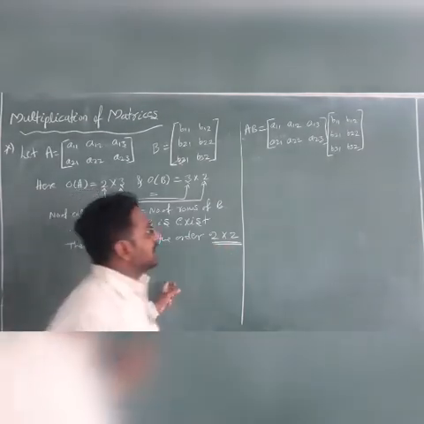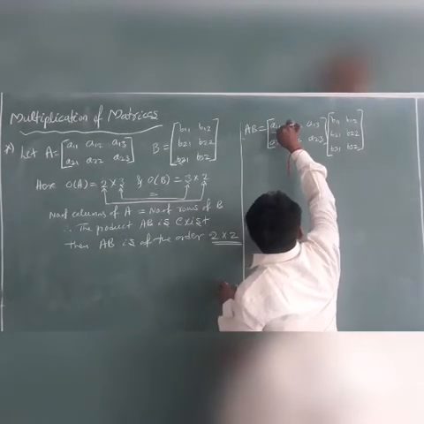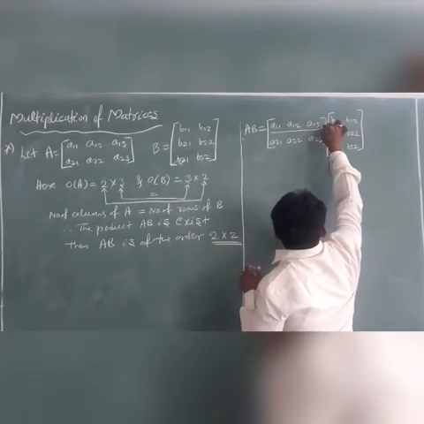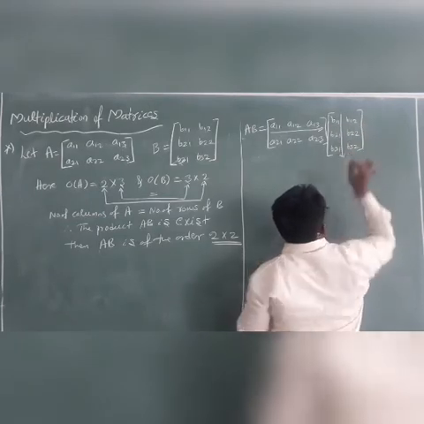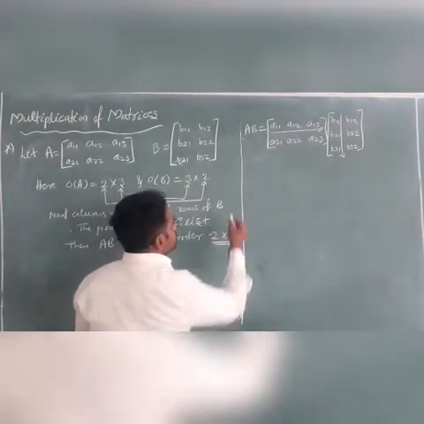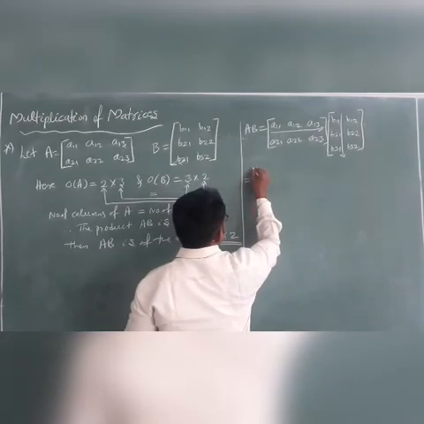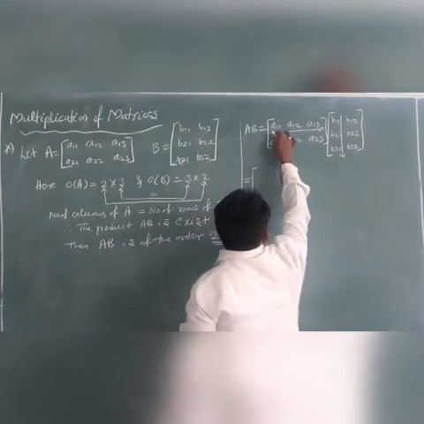What is the condition? We will take the ith row. So I consider the first row with the first column. See here, students, what will we get here?